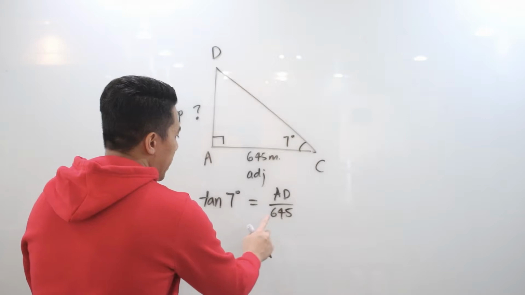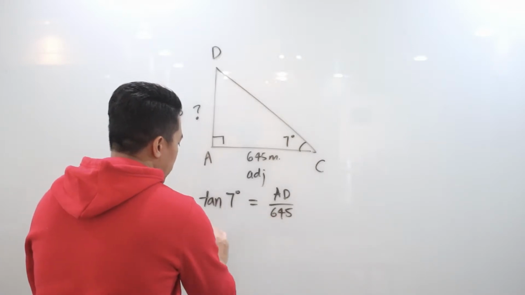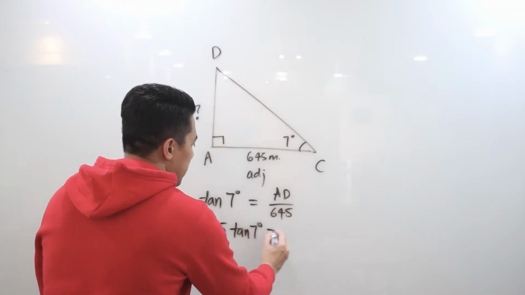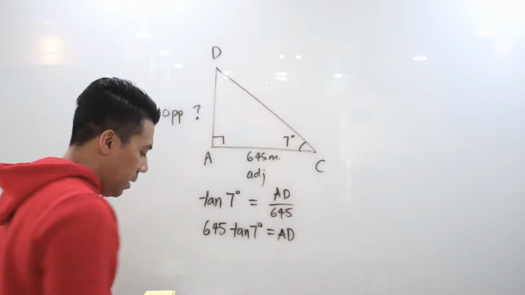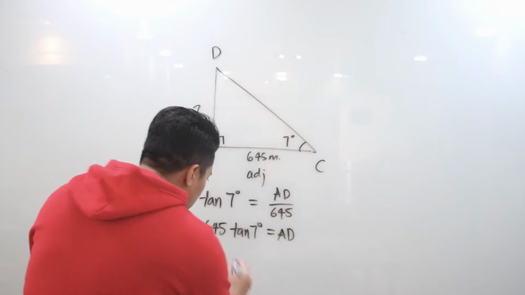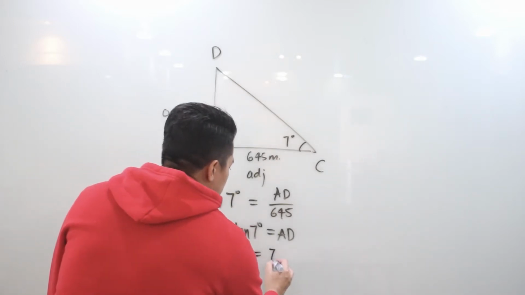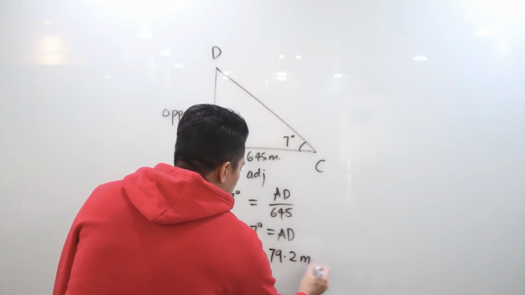To solve for AD, I bring 645 over, so 645 tangent 7 degrees is equal to AD. Therefore, AD is equal to, using your calculator, 79.2 meters.